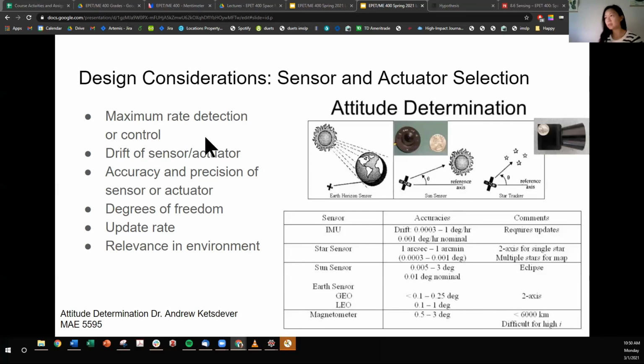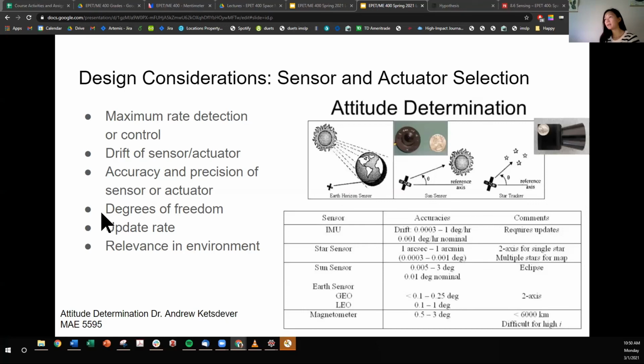So that's one consideration. You need to think about the drift of your sensors and actuators, the accuracy and precision of your sensors or actuators. This will eventually get you to the accuracy and precision of your pointing performance at the very end. It's a combination of sensor and actuator precision and accuracy.